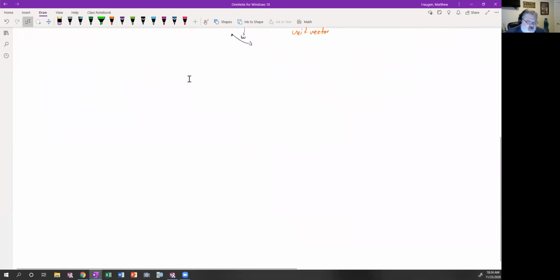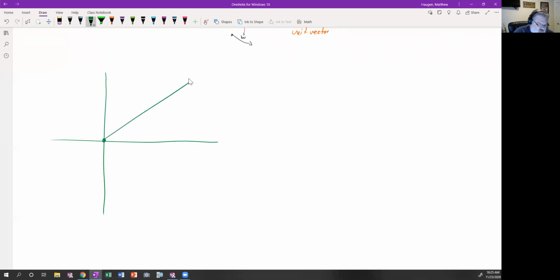So one of the first things that we have to be able to do to get these two ideas of magnitude and direction and component form to talk to each other is take a vector that has, say, a magnitude of, I'm just going to use 10 units.